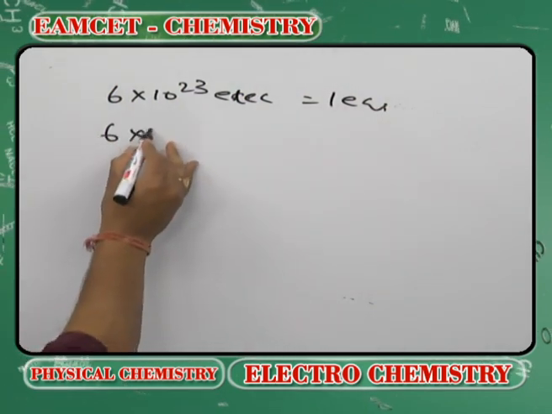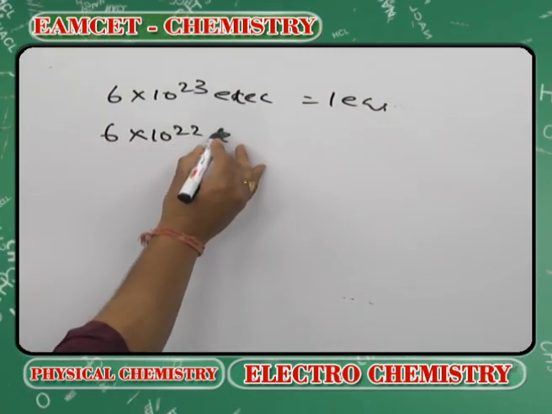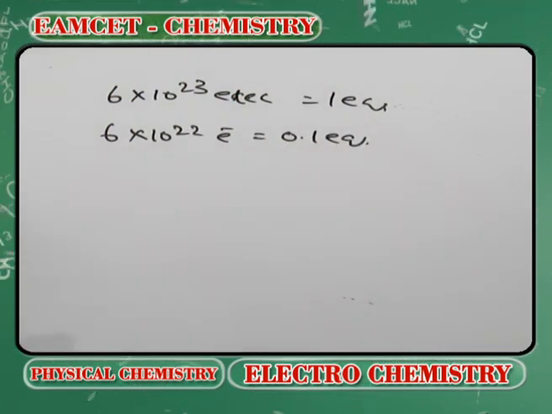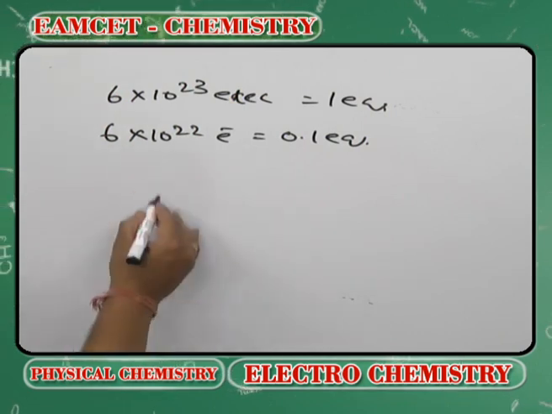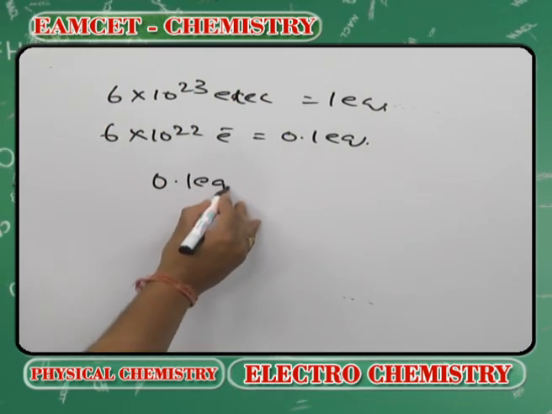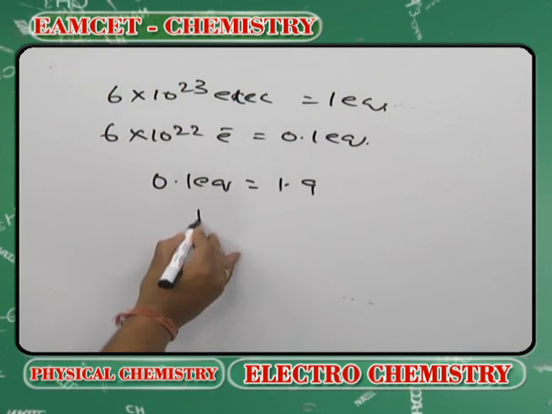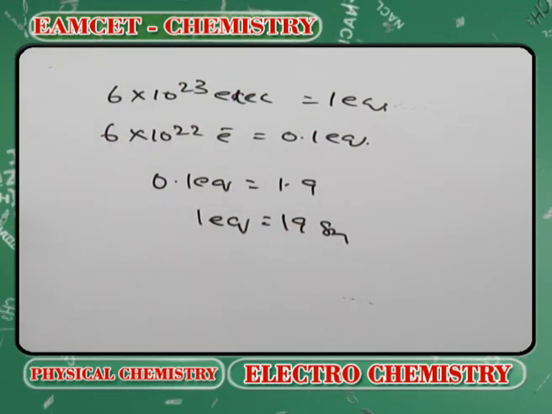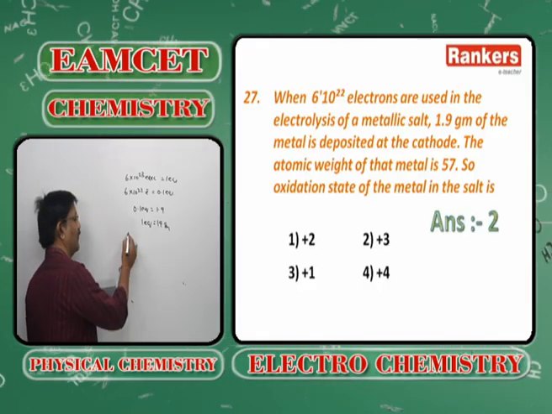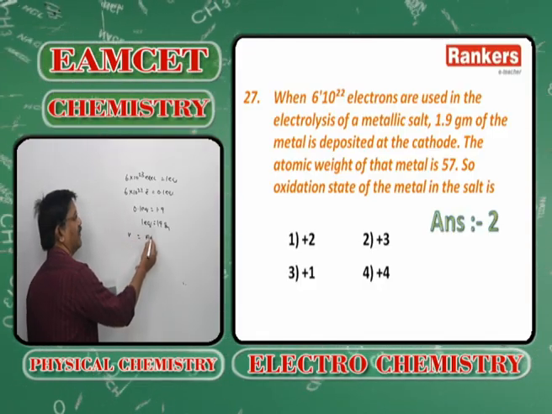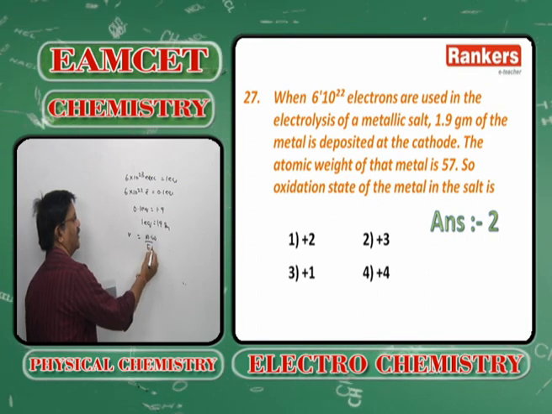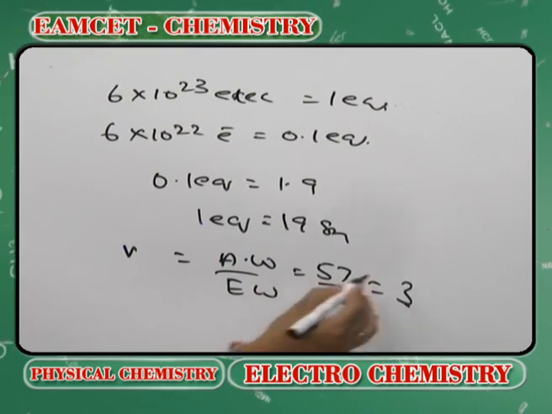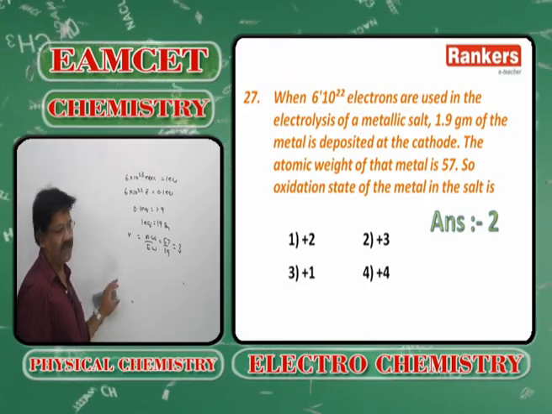So 6 into 10 to the power of 22 electrons will be equal to 0.1 equivalent. 0.1 equivalent is equal to 1.9 grams, so 1 equivalent is 19 grams. As usual, valency is equal to atomic weight by equivalent weight: 57 by 19, it is equal to 3. Option 2 is the answer.